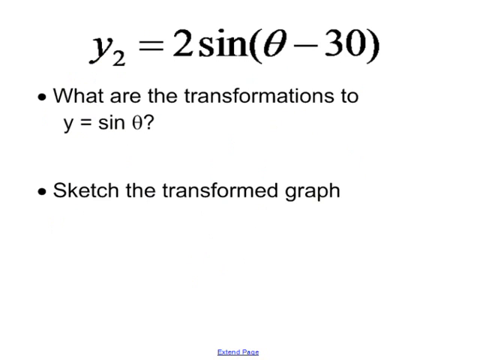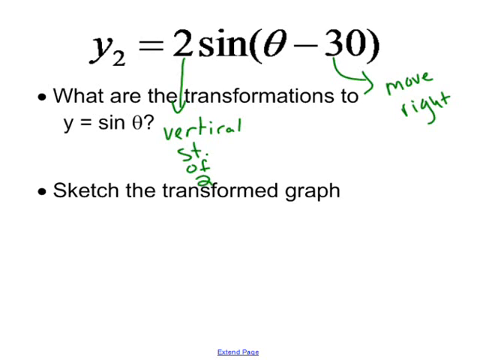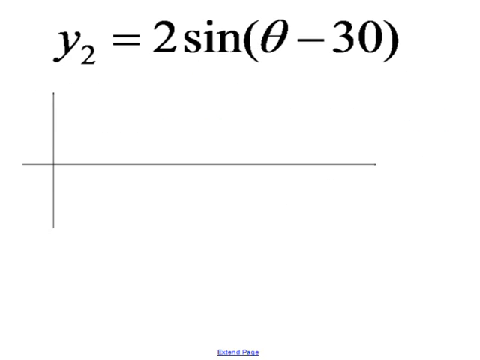All right, let's look at this transformation. What does the 2 do? Well, that's a vertical stretch of 2. And the minus 30, since it's happening inside, is going to move everything right 30 degrees. Okay, so again, I'm going to take a look at the parent function.